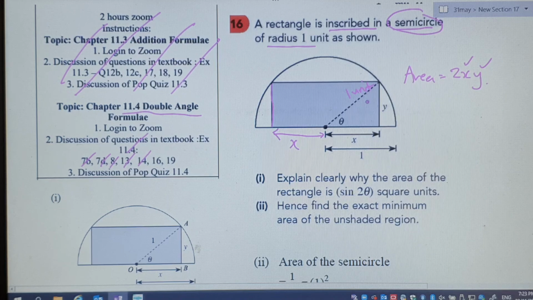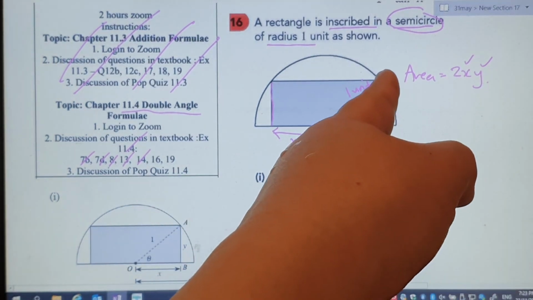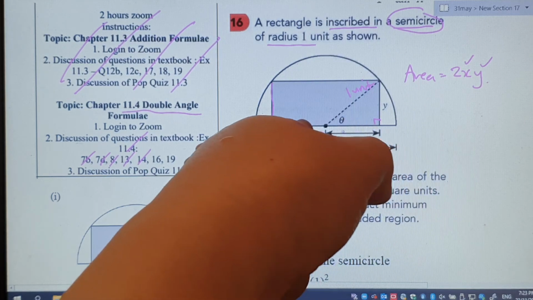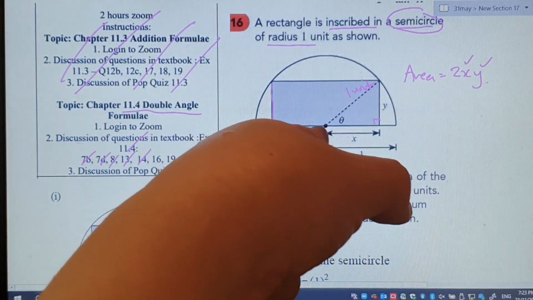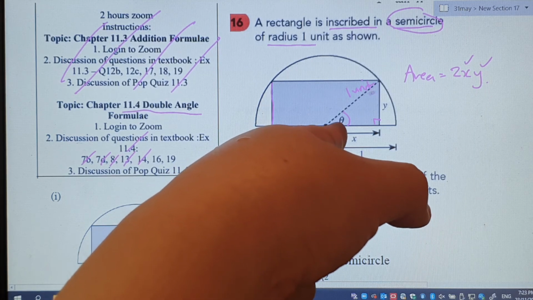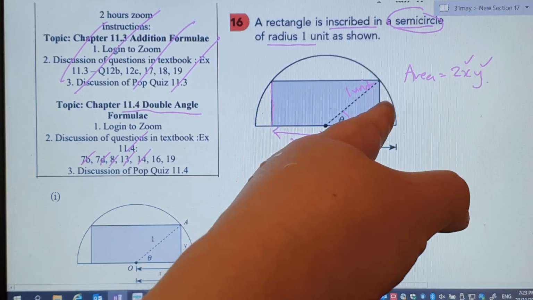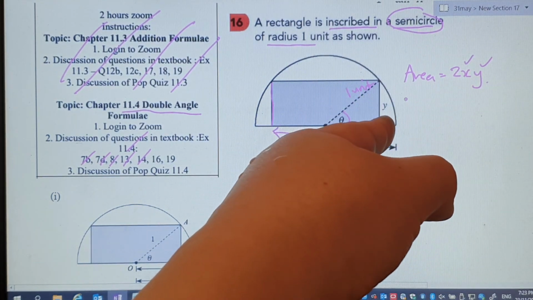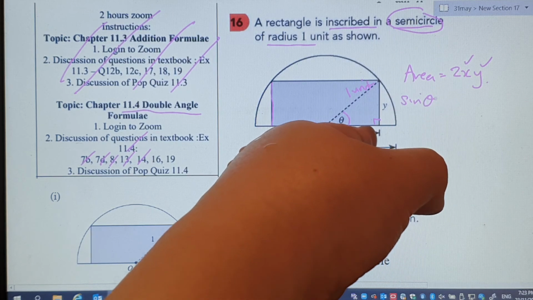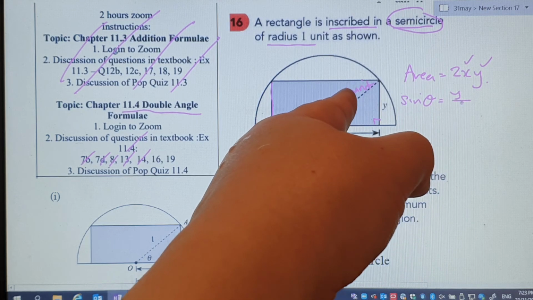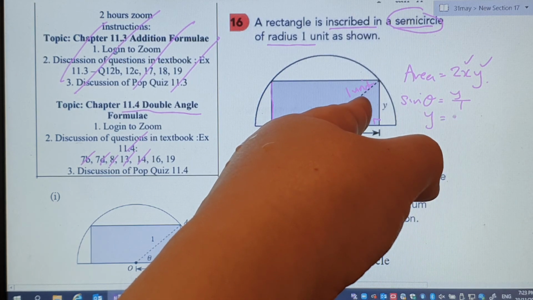Now you can see that this y has to be perpendicular to this x, because this is a rectangle. And this angle is theta. So if I want to find this, don't you agree that it's opposite and hypotenuse? So sine theta is opposite over hypotenuse, which means my y is sine theta.